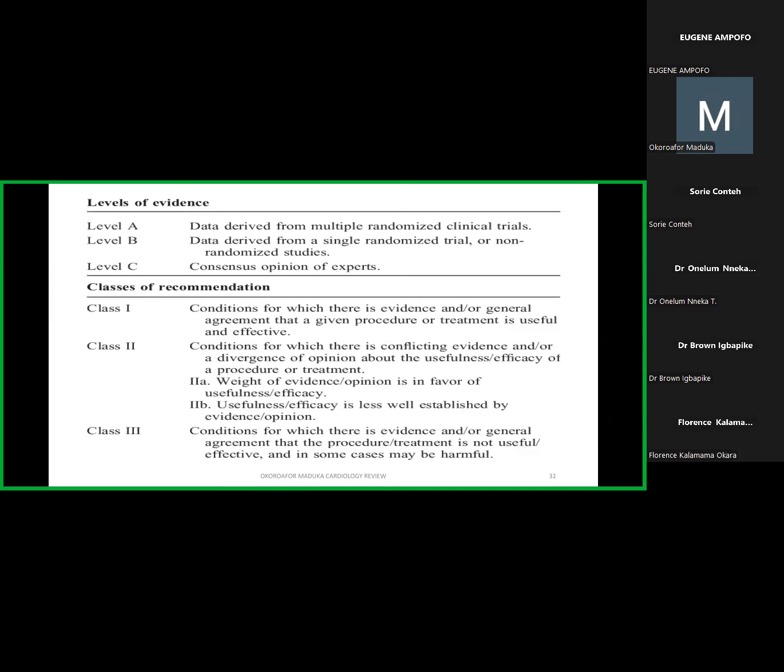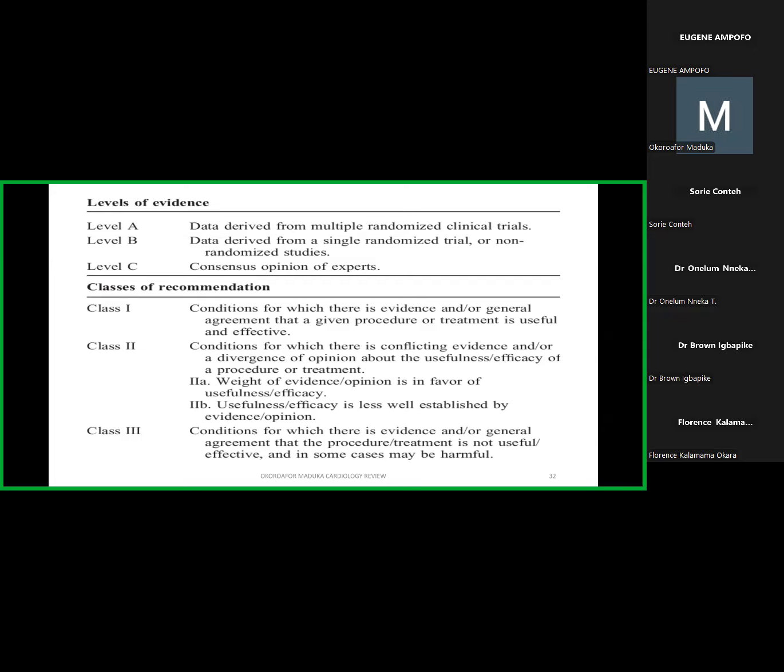So we'll just have in mind the levels of evidence or the class of recommendation. For the class of recommendation, like we all know, class 1 is conditions for which there is evidence and a general consensus that a given procedure or treatment is useful and effective. Class 2 is conditions for which there is conflicting evidence and or a divergence of opinion about the usefulness and efficacy of a procedure or treatment.